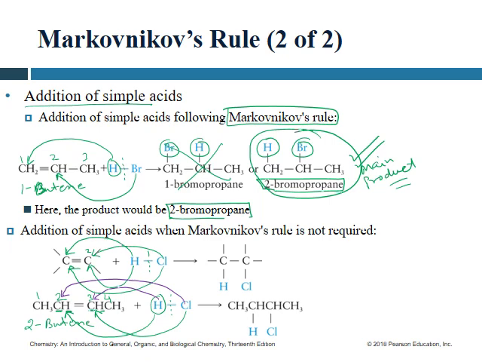So it's up to you. So H is over here, Cl is over here, or it could have been like this: CH3, CH, CH, CH3, H, Cl. So both are right.